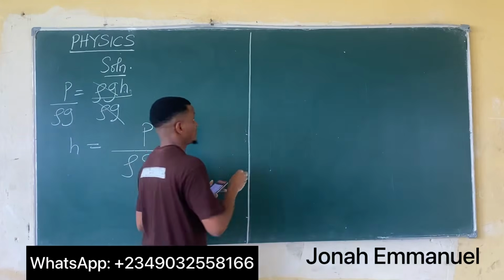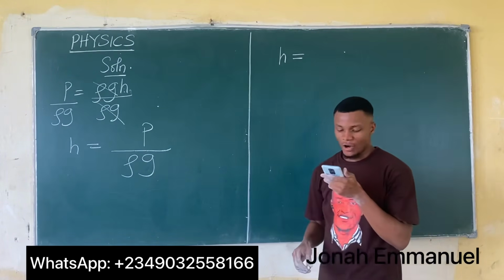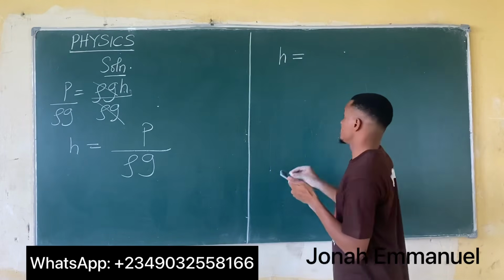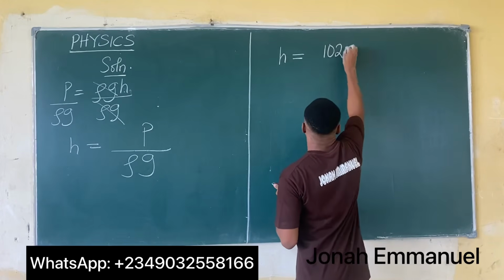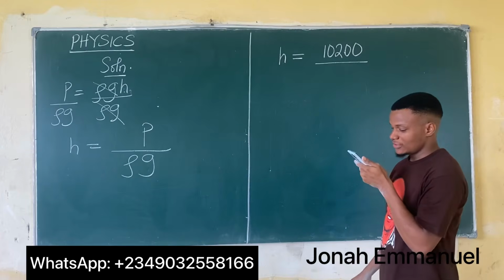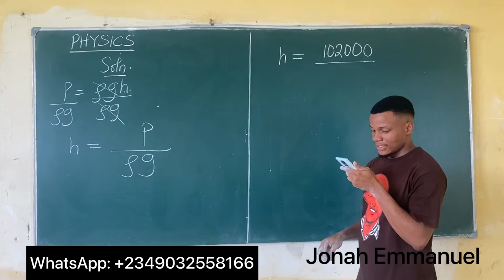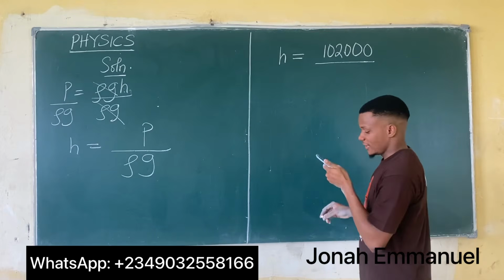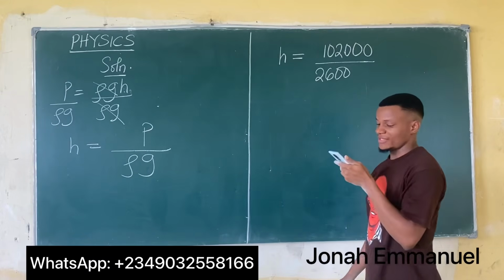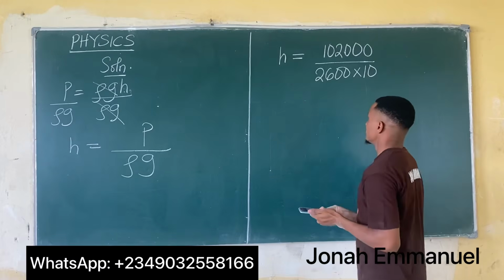So let's input values. Before inputting values, observe that all the values there are in their basic unit. Pressure there is 10,200 in newton per meter squared. Density there is 2,600 in kilogram per meter cube, so no conversion, times gravity there is 10. So let's get this done.